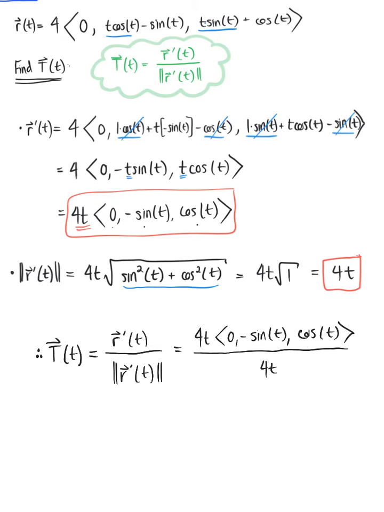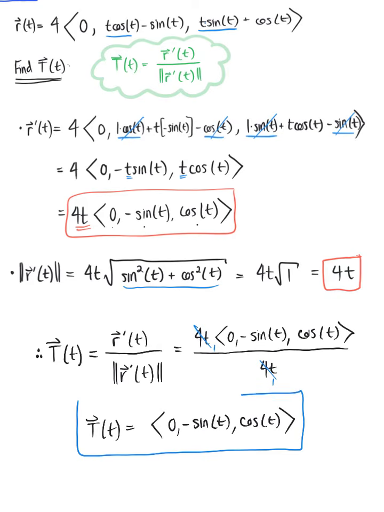And look at this beautiful simplification. 4t divided by 4t goes to 1, leaving us with the unit tangent vector, capital vector T of that arbitrary parameter, is the vector 0, negative sine of t, cosine of t. So this is part 1 of our solution.